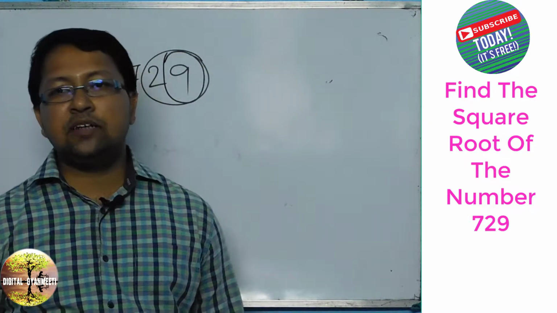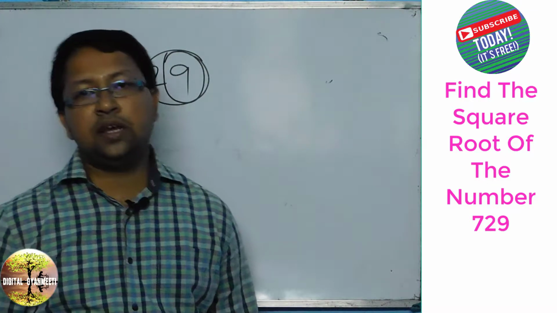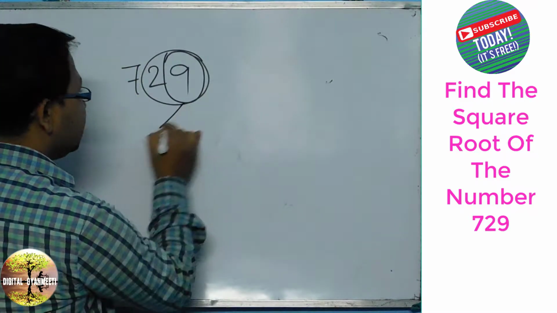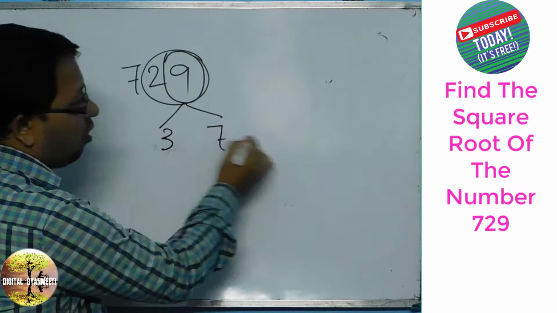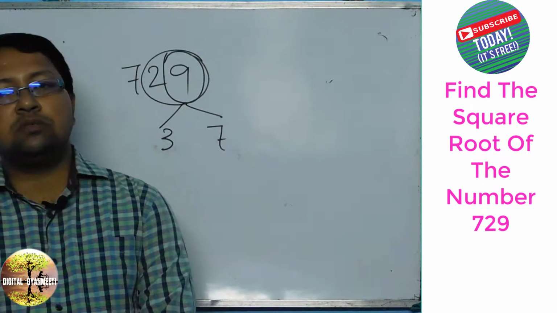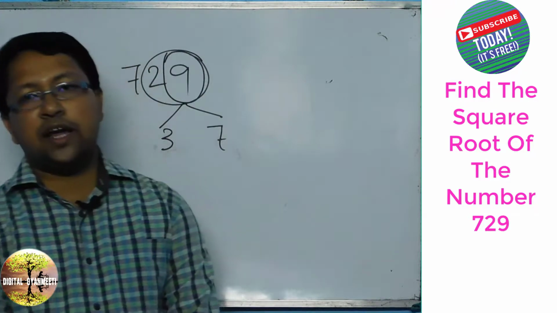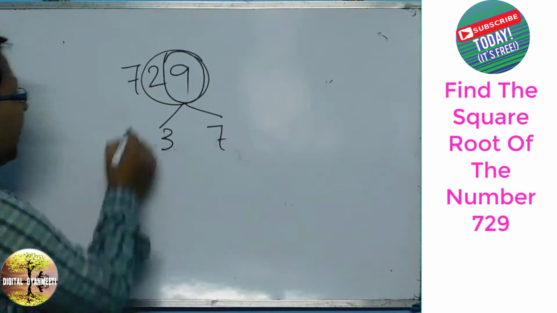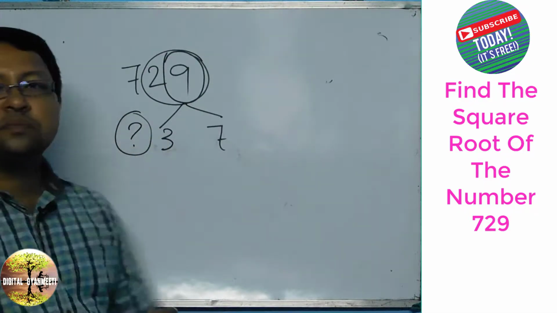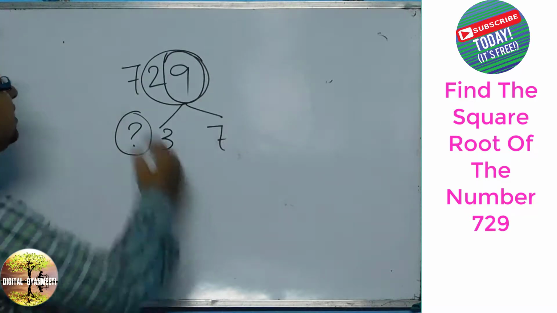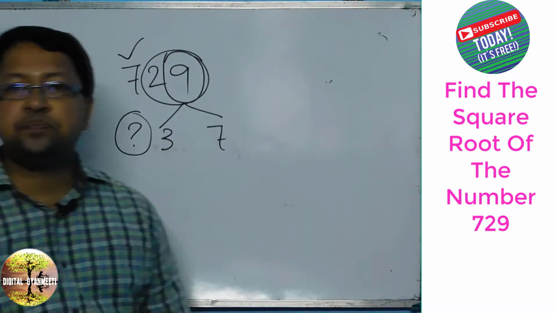We have noticed that to get the last digit to be 9, the number squared has to end in either 3 or 7. So 3 and 7 are the possibilities for the last digit of our answer. In order to get the first digit of our answer, we look at the rest of the number. In this case, the number is 7.